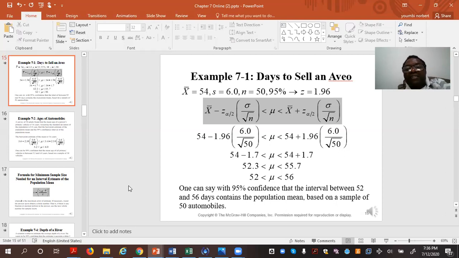But instead of writing sigma over square root of n, just do that computation, which is 4.7 over square root of 40. I prefer when you have a simple calculator that you do it gradually so that you don't make mistakes. The 4.7 over the square root of 40, does that equal 0.74? Yes. Okay. Then multiply it by 1.96.